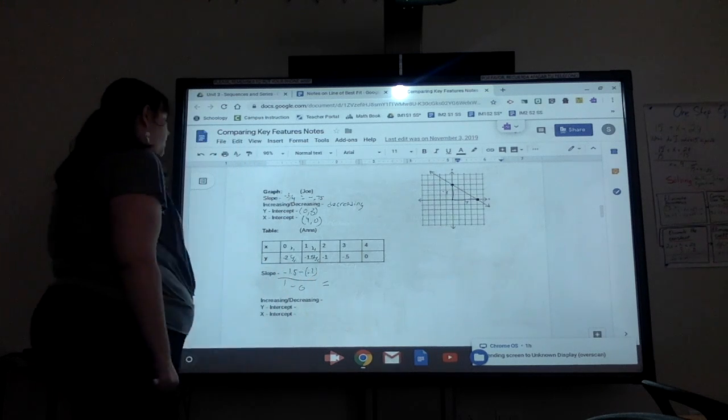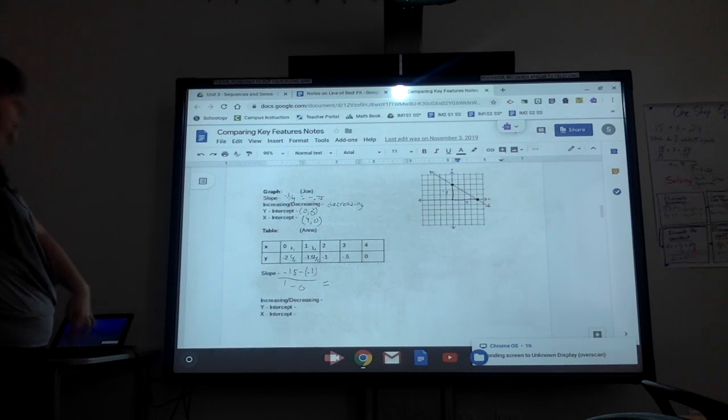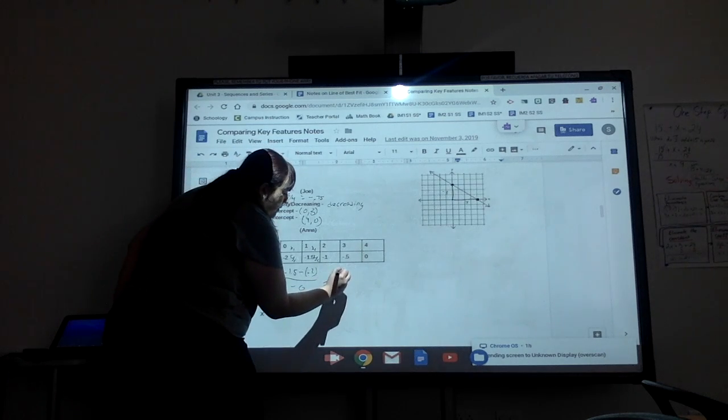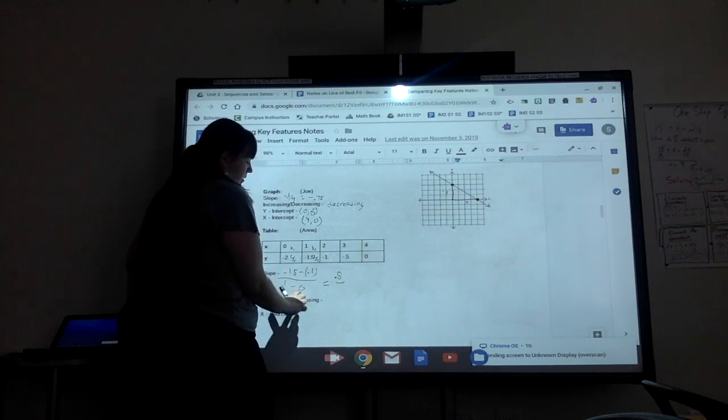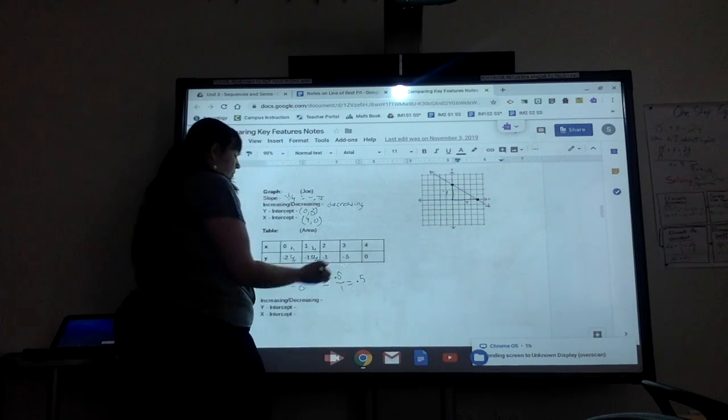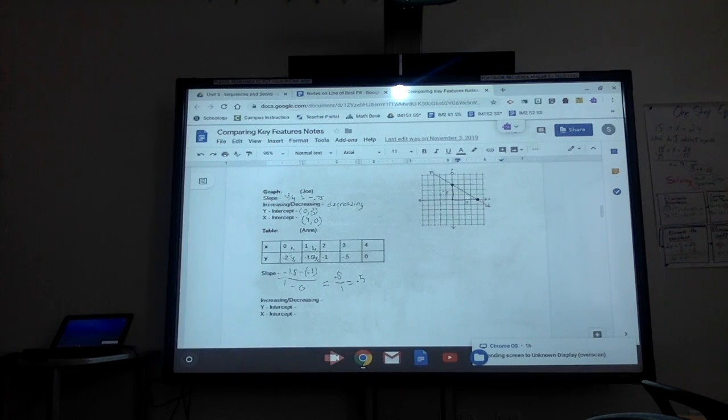Negative 1.5 minus negative 2, which becomes plus 2, happens to be 0.5, over 1 minus 0, which is 1. 0.5 divided by 1 is still just 0.5.